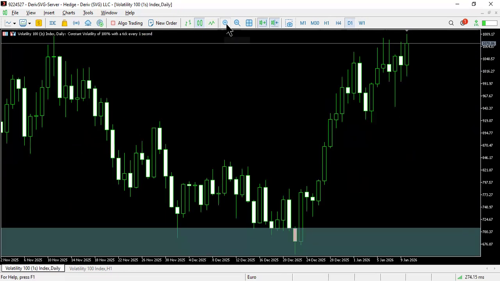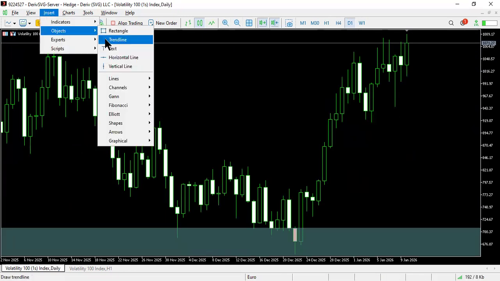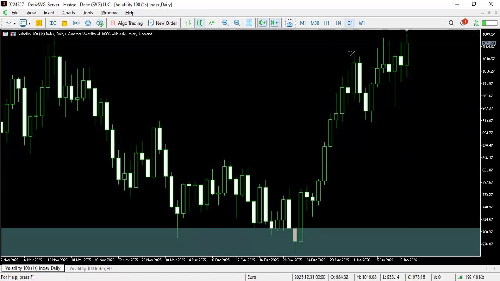So let's see from the daily time frame. We have the most recent break of structure right there.